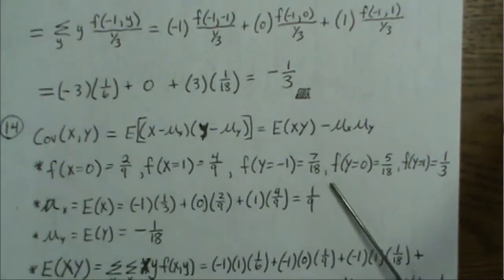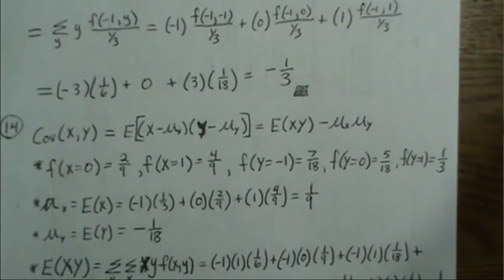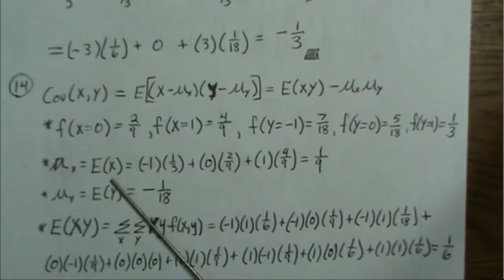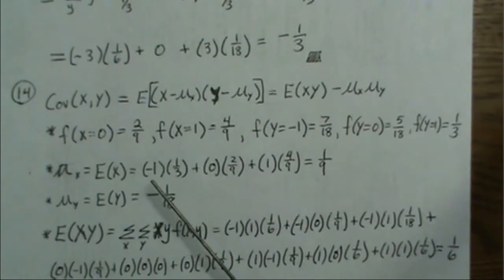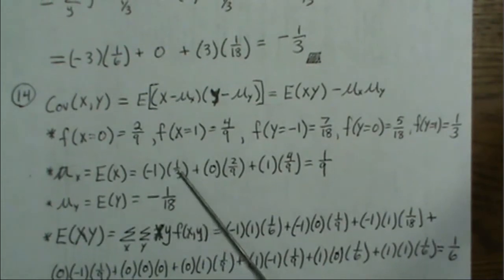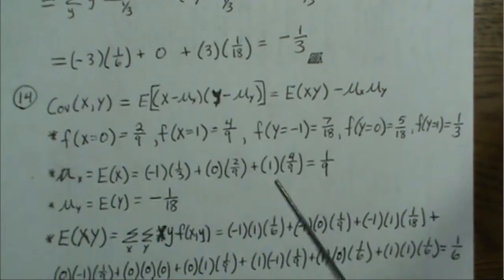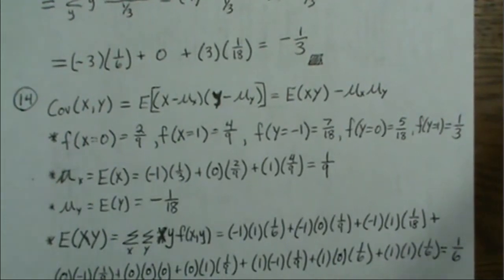So using a similar approach, we can find these probabilities, and then that helps us in finding the mean, which is the mean of x, which is the expected value of x. So you take the possible values times the probability of obtaining that value. So those are the two, we get 1/4. And then similarly, we can find the expected value of y as minus 1/18.